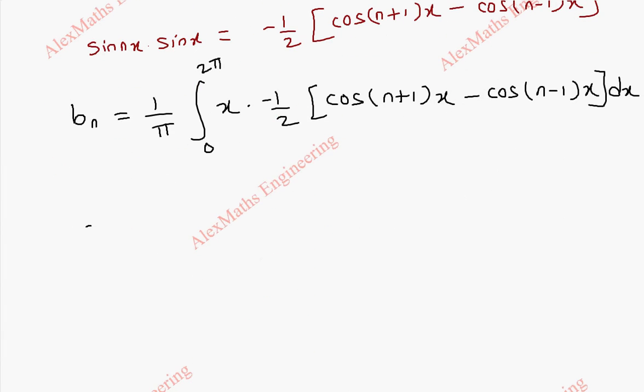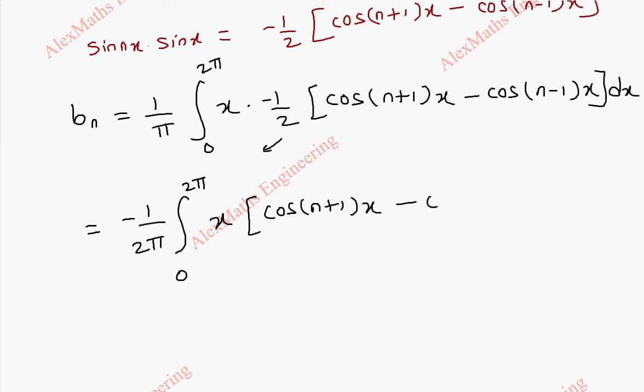Now again, as usual, this 1 by 2 along with the minus sign is taken outside, so minus 1 by 2 pi integral 0 to 2 pi is our limit, and we have x into cos n plus 1 x minus cos n minus 1 x dx, and this is u, and this entire term is v.